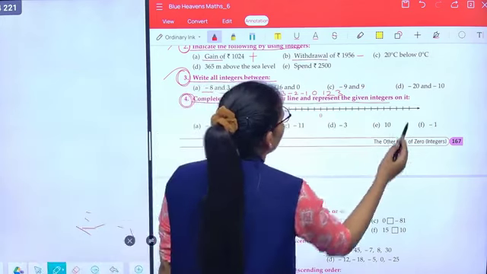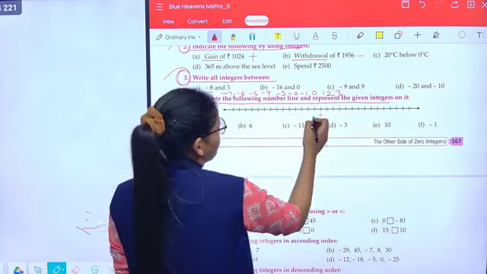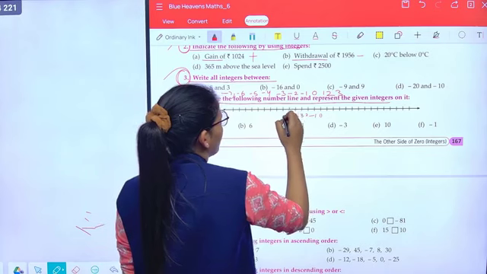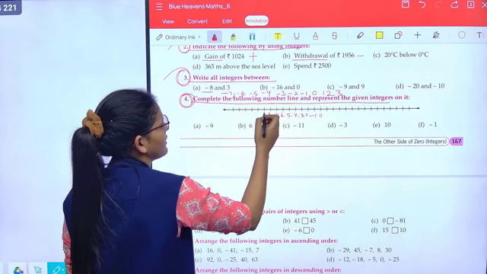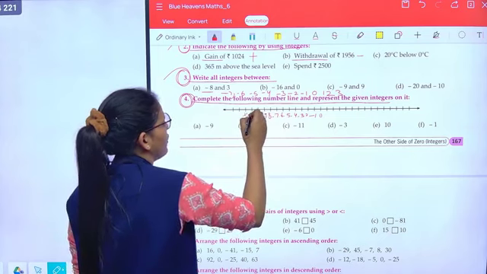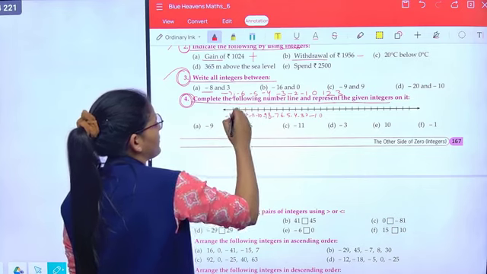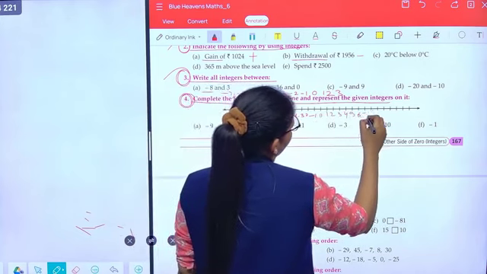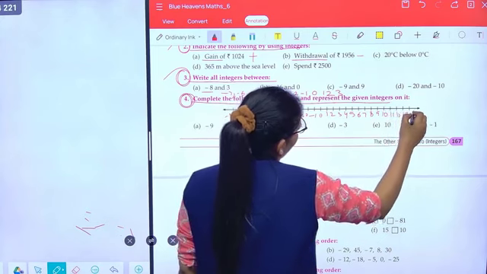Question number 4. Complete the following number line and represent the given integers on it. Now class, -1, 0, 1, 2, 3, and so on up to 14.